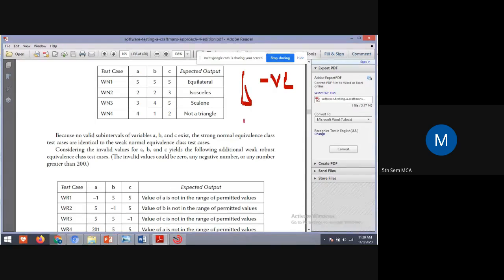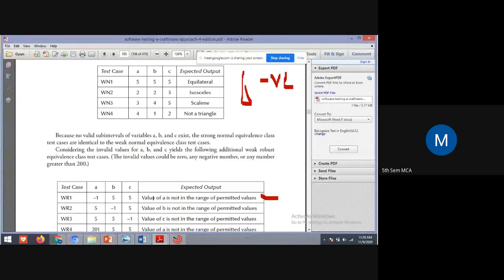See the first case: A is -1, B is 5, C is 5, so the A value is not in range. Next, in the second case, the B value is not in range, so it will not allow us to draw the triangle. Similarly, C is not in range.